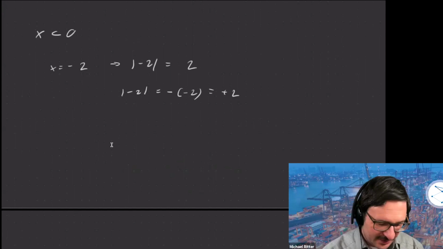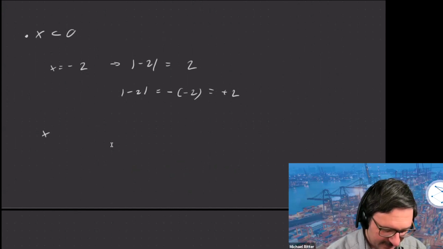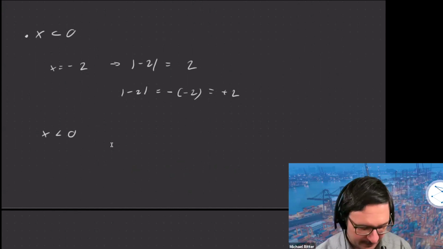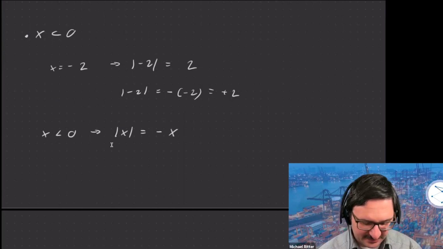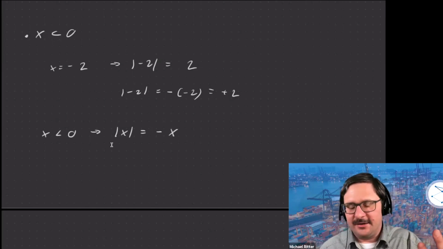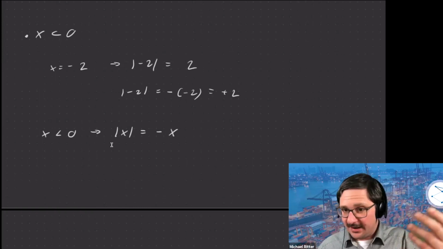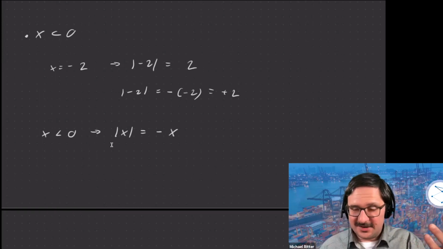So in other words, if I know that x is negative, then that means the absolute value of x must be the same as -x, because x carries a minus sign, right? And minus times minus is again plus.